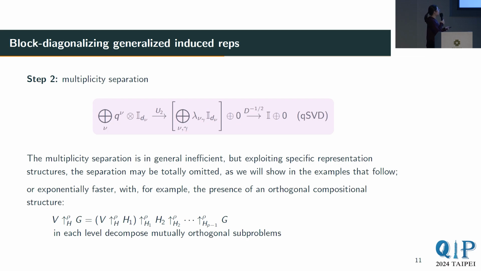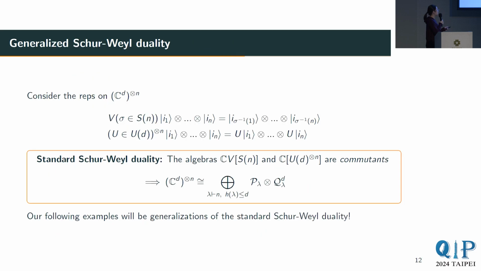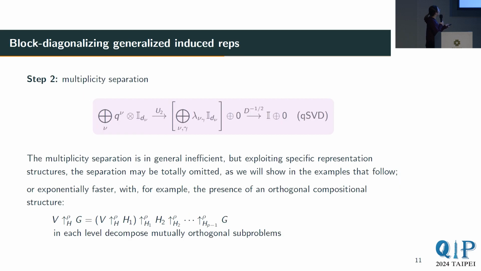And by the orthogonal compositional structure, I mean that we have a subgroup tower from the group G to the subgroup H, and then we can reduce the whole problem of reducing induced reps into each level and into some orthogonal subproblems.